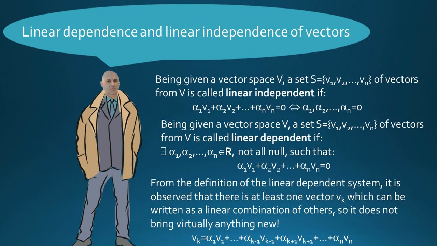From the definition of the linear dependent system, it is observed that there is at least one vector vk which can be written as a linear combination of the others, so it does not bring virtually anything new: vk = alpha 1 v1 + ... + alpha k-1 vk-1 + alpha k+1 vk+1 + ... + alpha n vn.